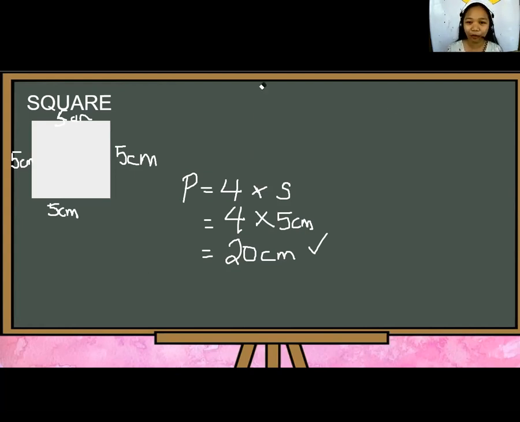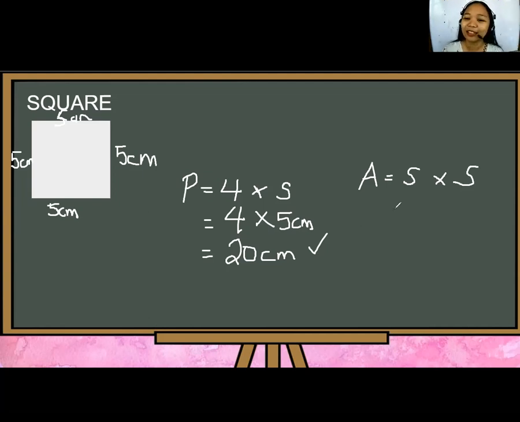Now, let's talk about the area. Given that our side is equal to 5 centimeters, we are going to find how many square measures we can put in that square. The formula for the area of a square is side times side. So side multiplied by the other side, or the same side.